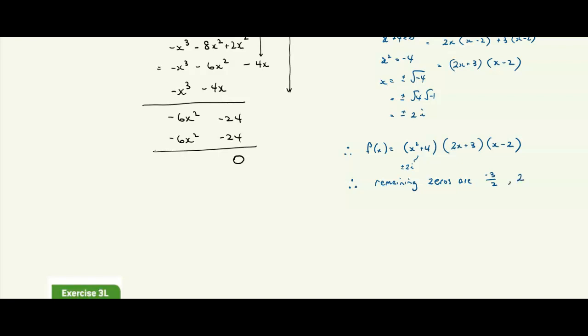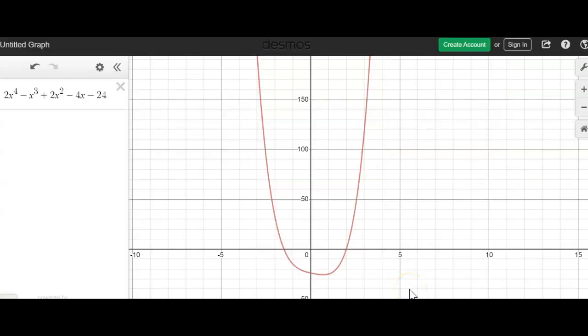They're my remaining zeros: negative 3/2 and 2. All right, so here's our quartic that we've just found the factors for, and you can see the real zeros on the screen here. We've got 2 and negative 3/2, and obviously we've got 2 complex roots as well that we can't see. So there's our quartic, and I think our work is done.